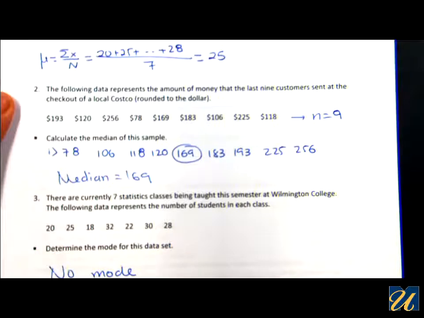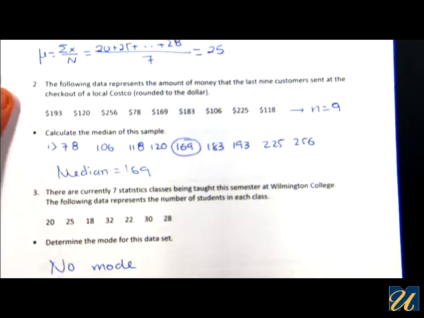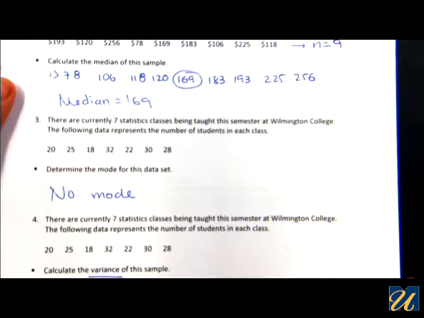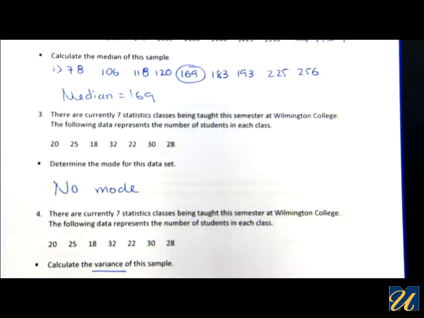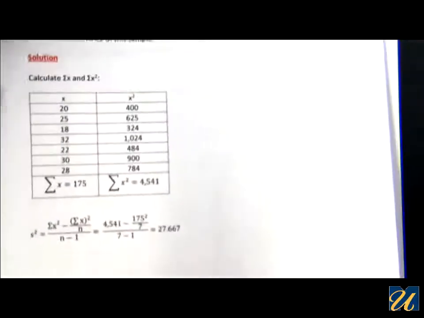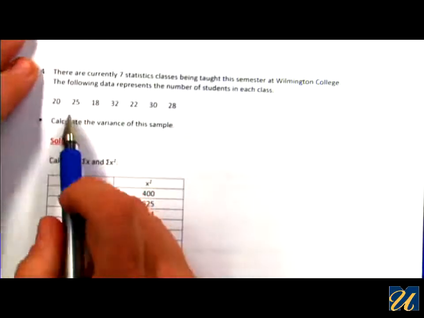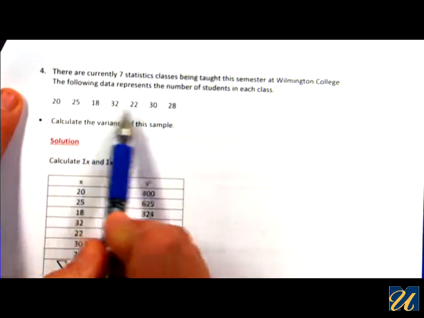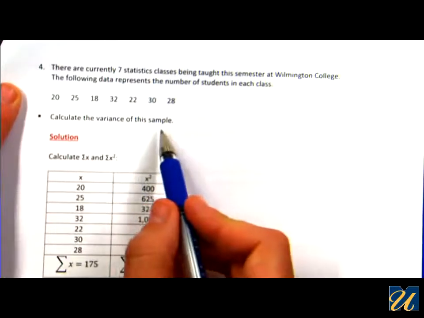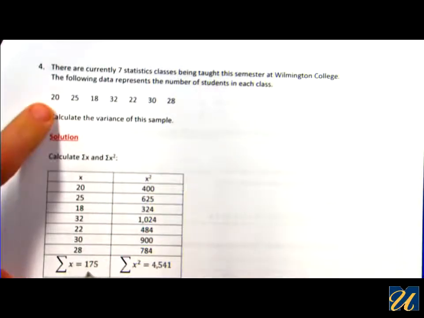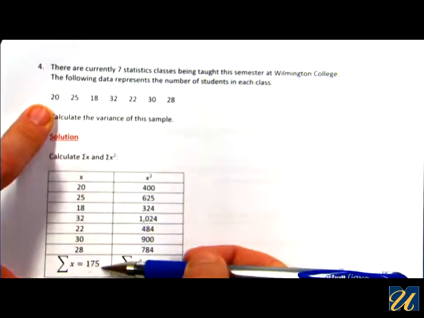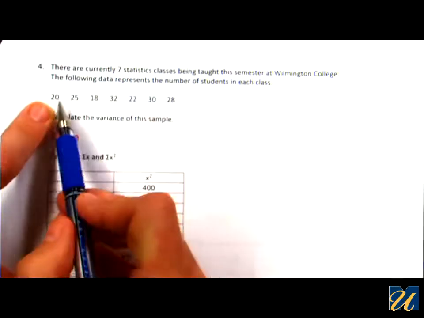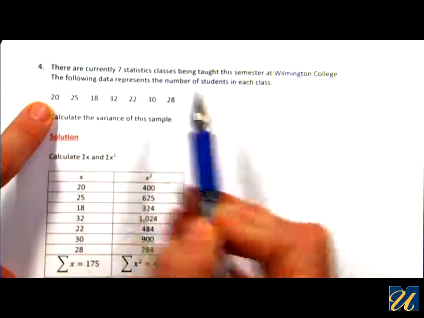Now, for the same example, we want to calculate the variance. I would just give you the solution right here. For this data set, we have all the entries. To find the sample variance, we have to find the sum of all the entries. So we simply add each one. If we add them all, we get 175. The next step is to square each one, and then we add them.